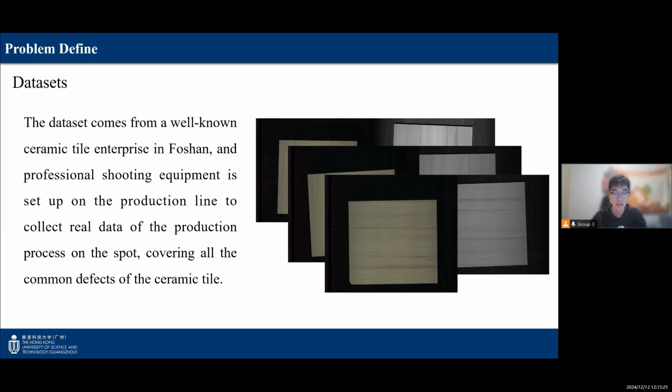This dataset has about 20,000 samples, and for each sample we take 3 pictures.